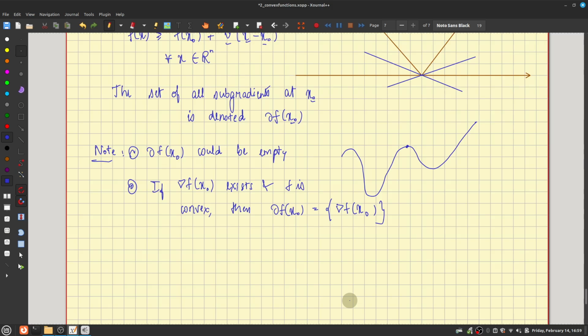So it's possible that no subgradient exists, possible that the subgradient is unique. It's also possible that there are infinitely many subgradients.